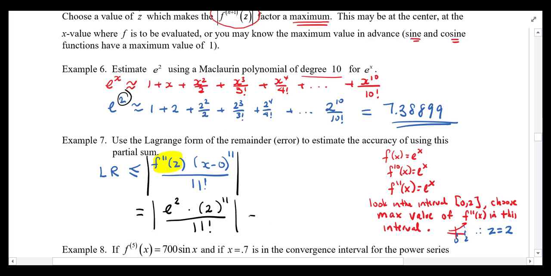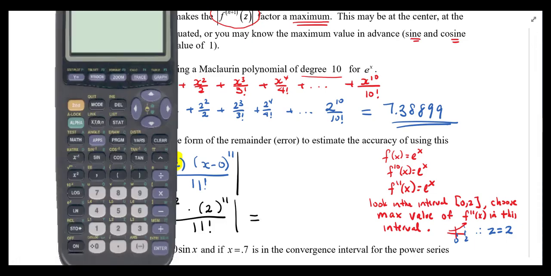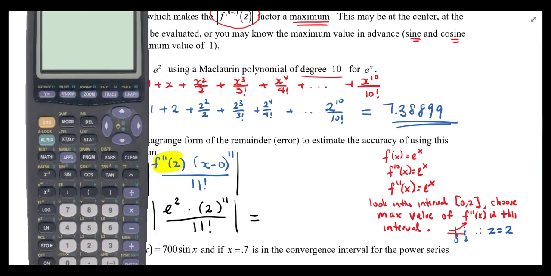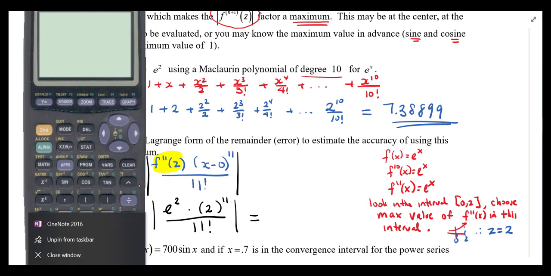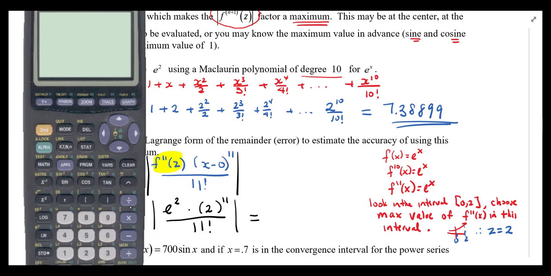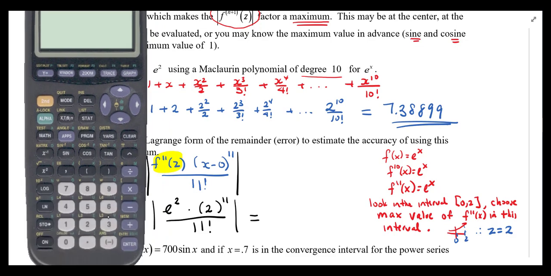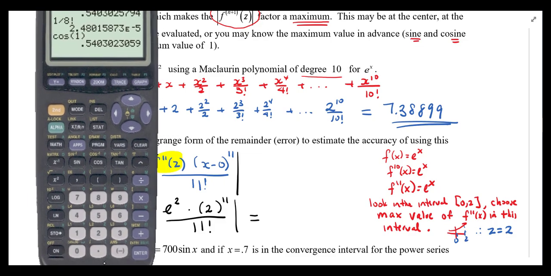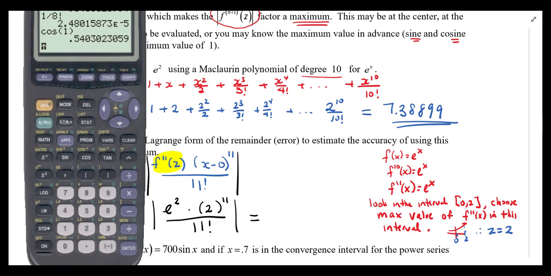I'm going to calculate that, and let's see what we get. So what do we have here? Oh, my calculator is off. e to the power of 2 times 2 to the power 11 divided by 11 factorial.